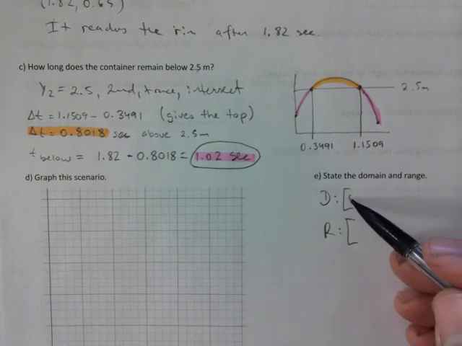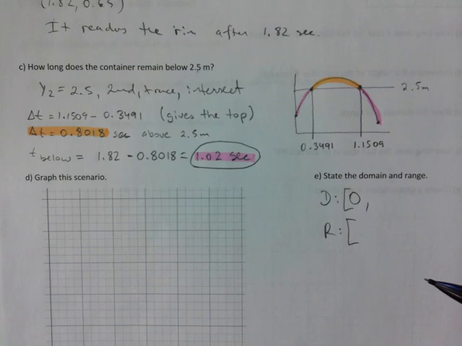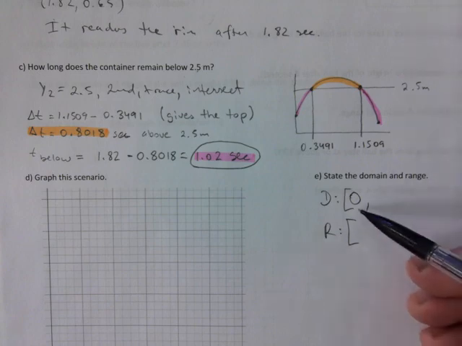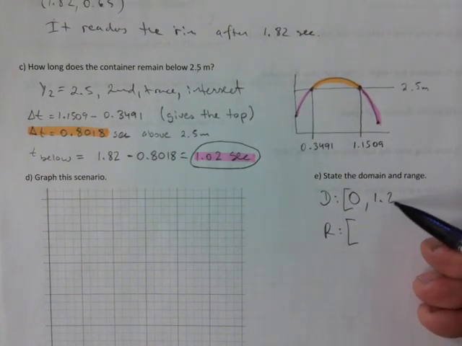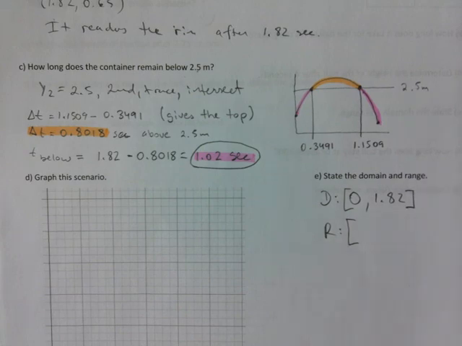My domain starts at time 0 and ends when it lands on the top of the rim, which for us is 1.82 seconds, right? Our range, what's the lowest height this reaches?